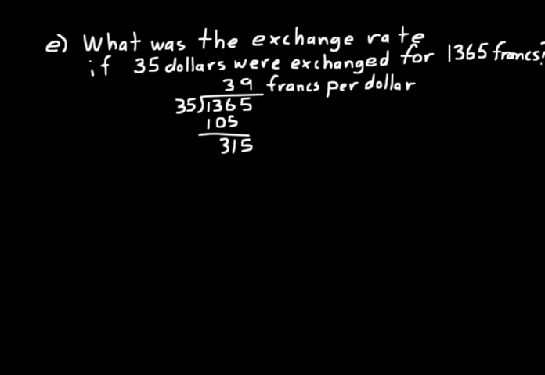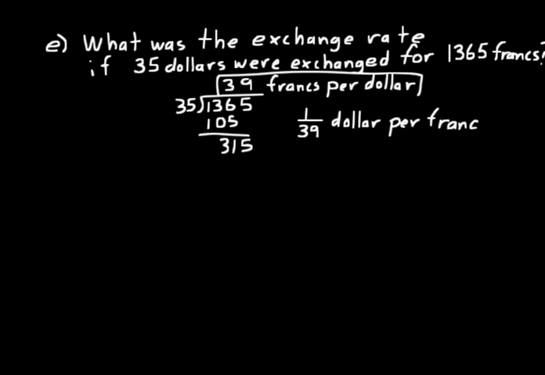And the other way, we can write this as dollars per franc. And so we would say 1/39th dollar per franc. So there's two ways that we can write a rate like that.